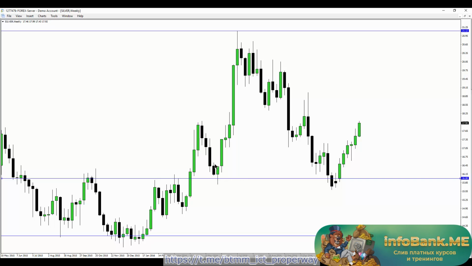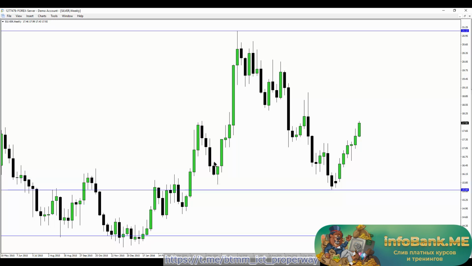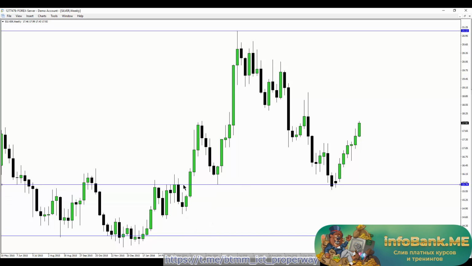So while there's a retracement lower on the weekly chart, while the monthly is bullish, what we do is we wait for price to trade back down into a level that was discerned by the monthly.